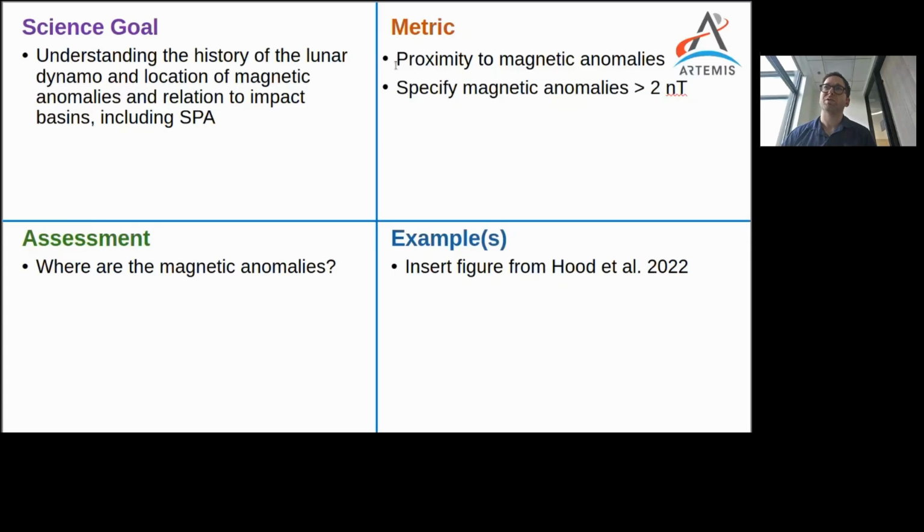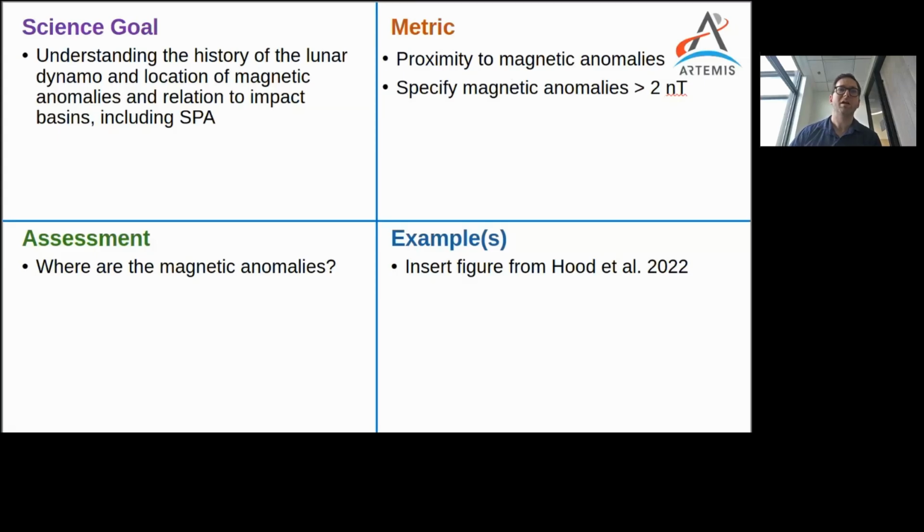And so you'd want to choose regions that have a closer proximity to magnetic anomalies. Now, the magnetic anomalies in the region of the South Pole aren't as strong as in other areas of the moon, for example, the Northwest SPA basin, but there still are some magnetic anomalies there. And so you could target areas that could provide some proximity to that.